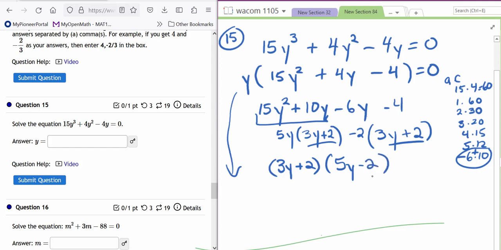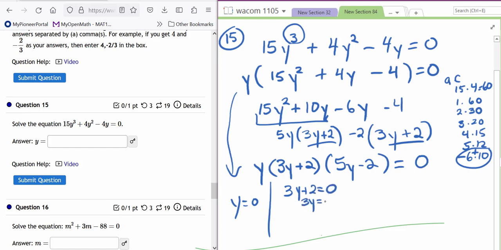All right, now, when you get that factored, don't forget this y up here because you're going to need it with your answers. You're going to get 3 answers on this one, and you get 3 answers because your exponent, your degree, your highest exponent was a 3. So now you set each one equal to 0. Well, the first one is already done for you. y equals 0. The second one, 3y plus 2 equals 0. You're going to subtract your 2.